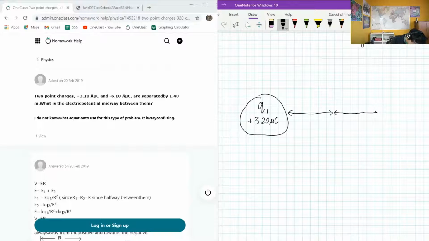So let's just call this R and R. Since we're halfway between, they have to be the same. And here we have Q2, negative 6.1 microcoulombs. Okay, so let's call its point of interest point A. So we're looking for the electric potential at point A.